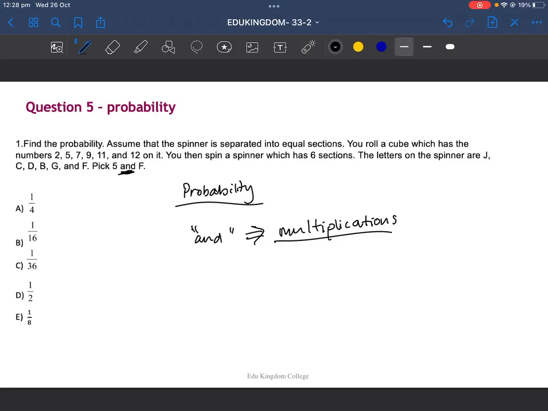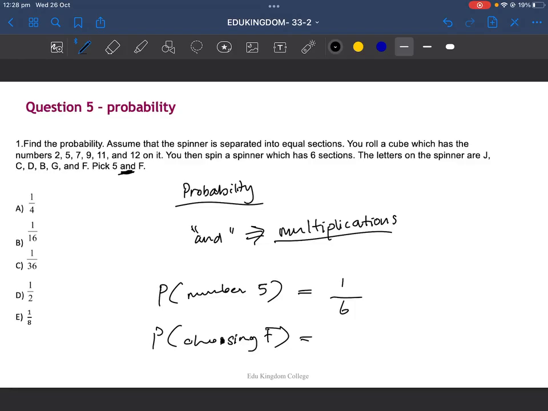Now, first of all then, what is the probability of choosing the number 5 out of the die? Let's see. The cube has how many numbers on it? 1, 2, 3, 4, 5, 6. So out of the 6 numbers, how many are 5? Only 1. Next, what is the probability of choosing F? How many letters are there?